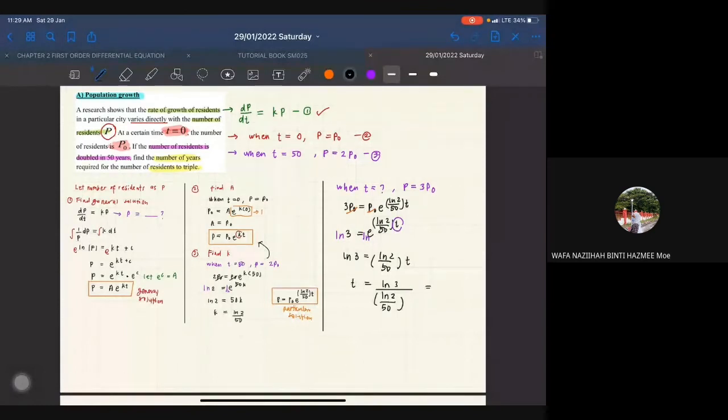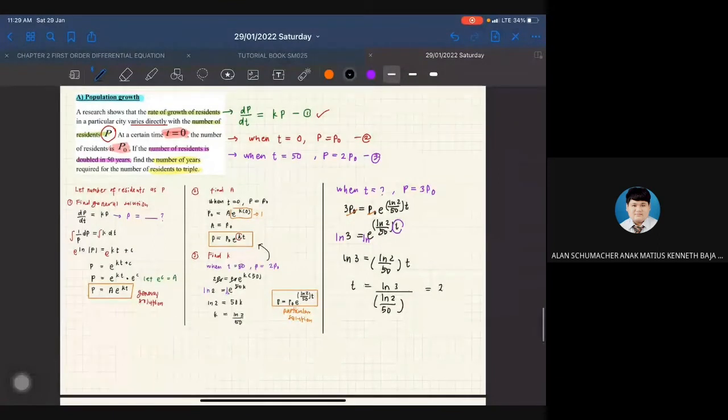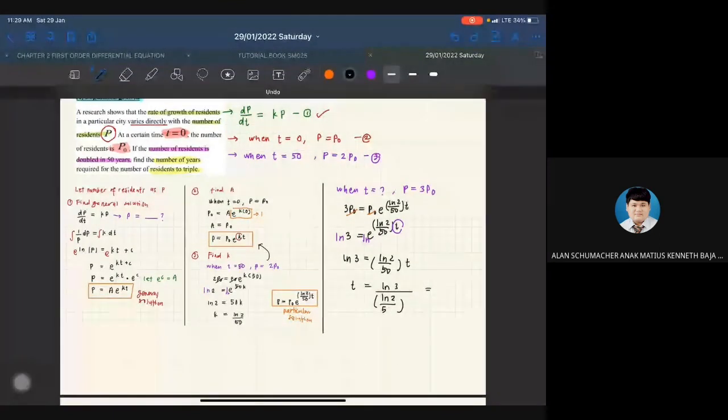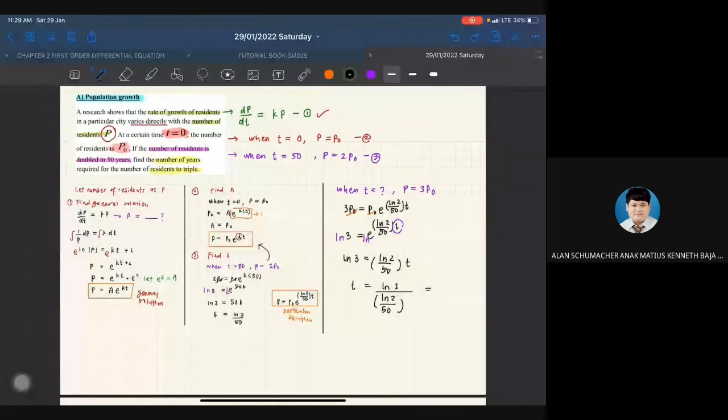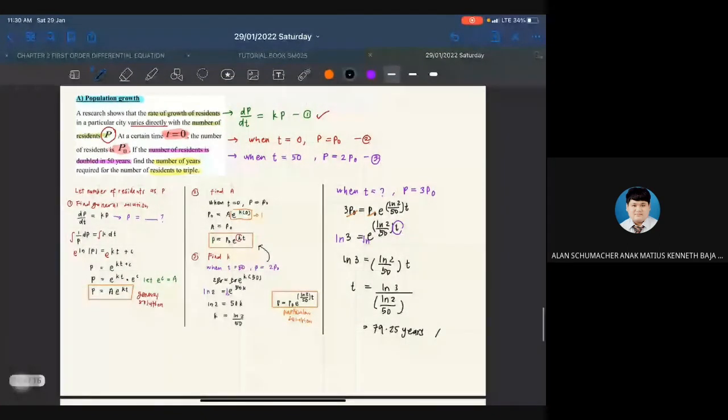Saya tak ada calculator. 79.25. Okay. So you get 79.25 and then unit kita adalah years sebab dibagi dalam bentuk years. Okay. So this is our final answer.